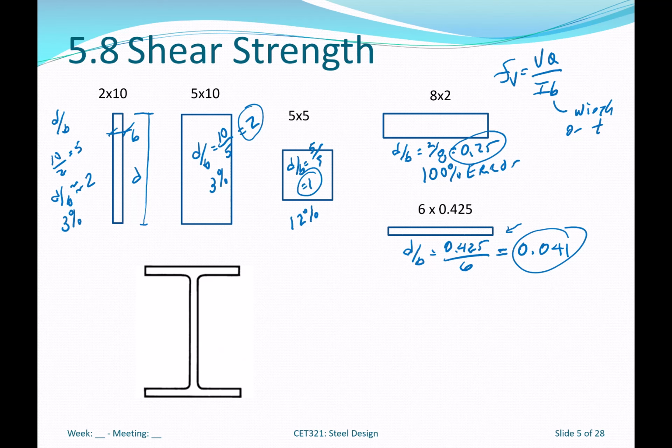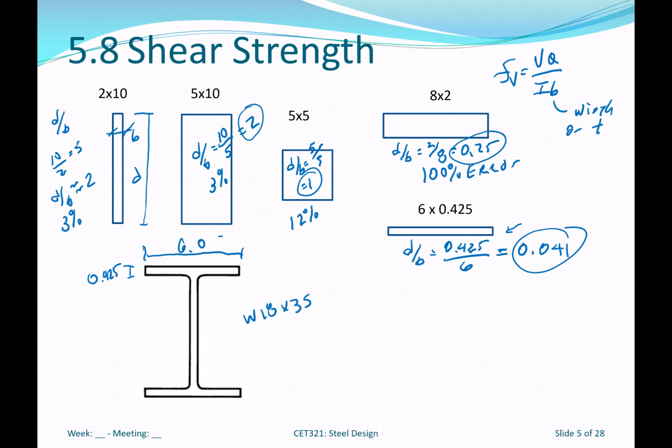Just as bad. But this 6 by 0.425 is actually the flange of this W18 by 35. This is the flange. Boy, I got that backwards, don't I? 6.0, 0.425, that's the flange dimensions of the W18 by 35.